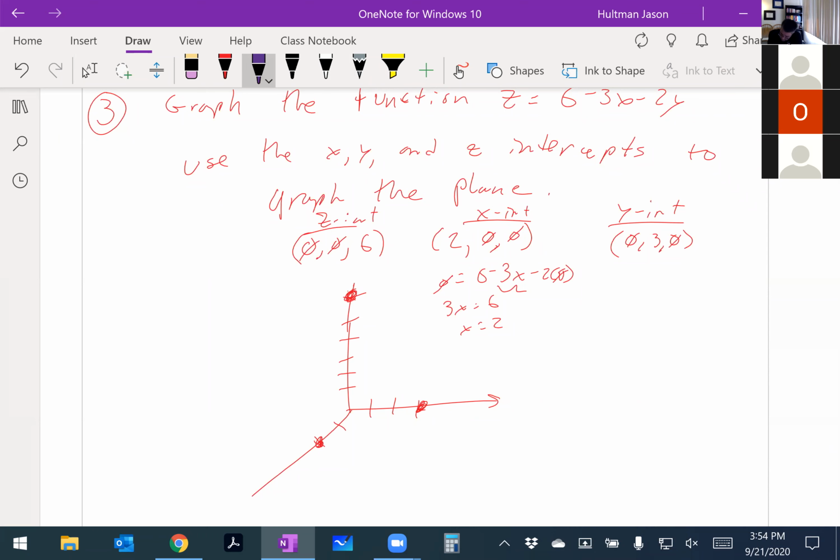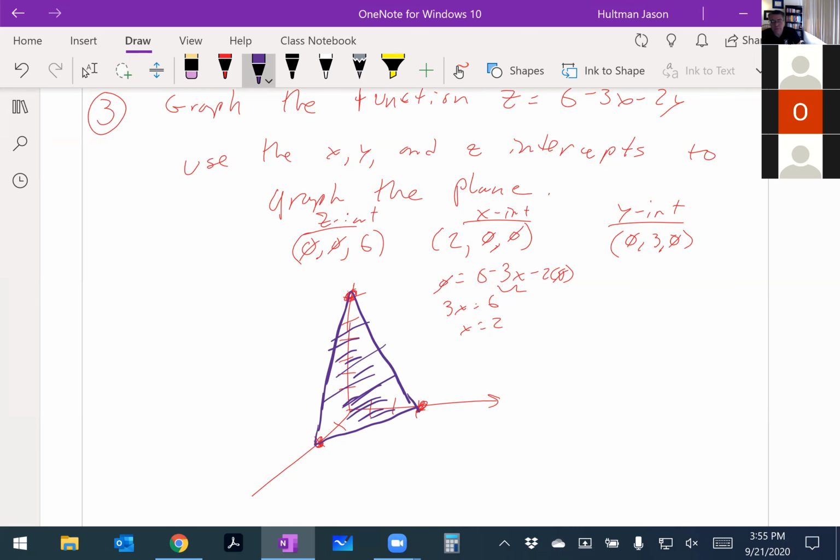Okay, and then I'll just draw the plane. Oops. Okay, let's try that again. Okay, and there's my plane. I'm going to maybe do a little shading on that.